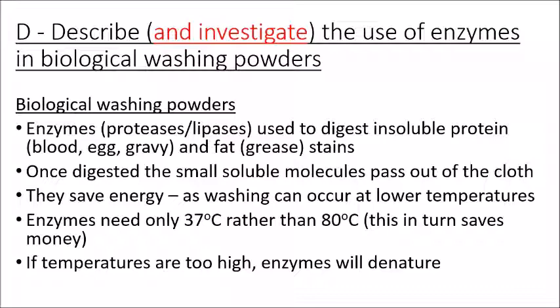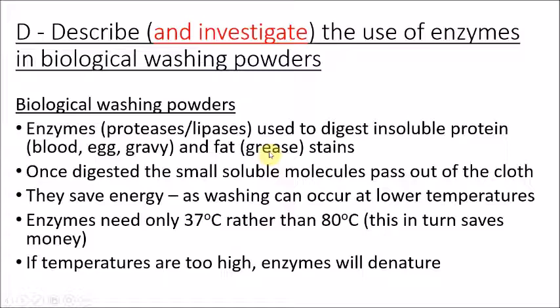So when they made the biological washing powders, which had the enzymes in, that changed everything, because now you can wash the clothes at a lower temperature because the enzymes do all the work rather than the heat energy breaking down the chemicals. The main enzymes used are proteases and lipases, so they're breaking down proteins and fats like blood, eggs, gravy, or grease.